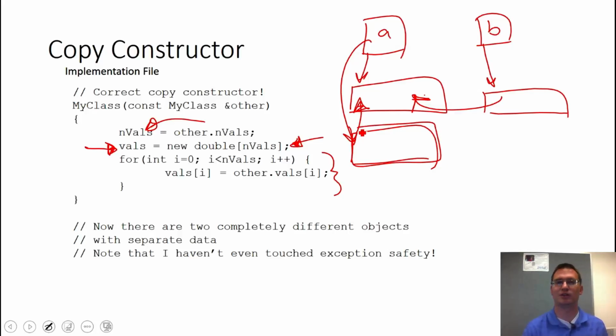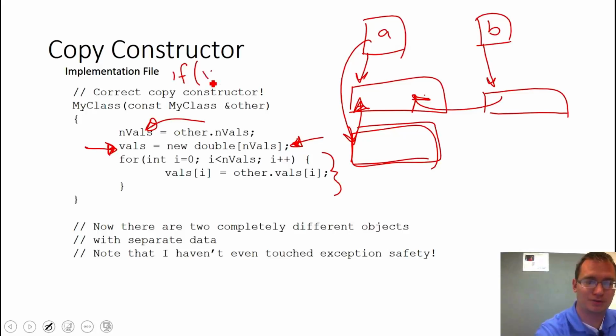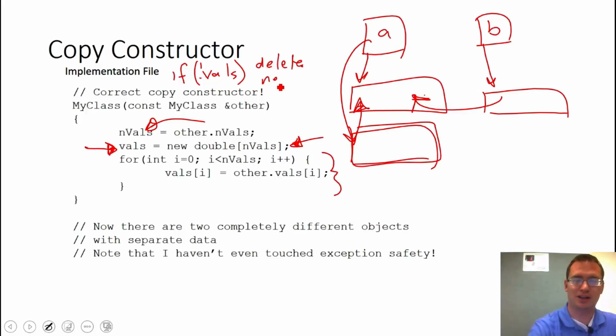It's sitting over here with no pointers pointing to it anymore. So you have to do a check, and that's pretty easy. All you have to do is say if not vals, now we can allocate it. If not, then we have to first delete the old memory, and then we can allocate the new memory.